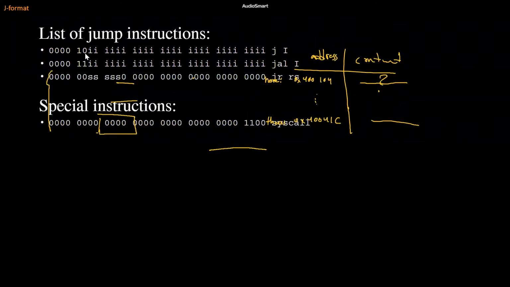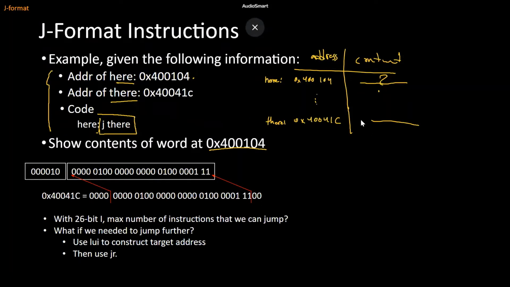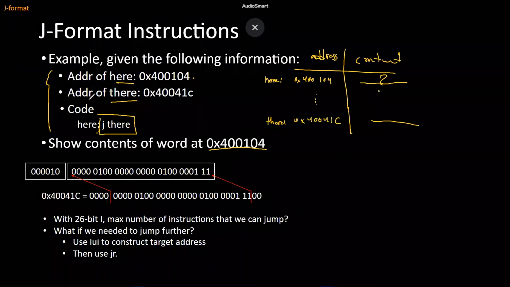This is how the processor knows what instruction we are dealing with. So that's a jump instruction, and this is the code for it: 000010. And then the rest of it is going to be the I. Okay, if we go back now, basically the answer is here.